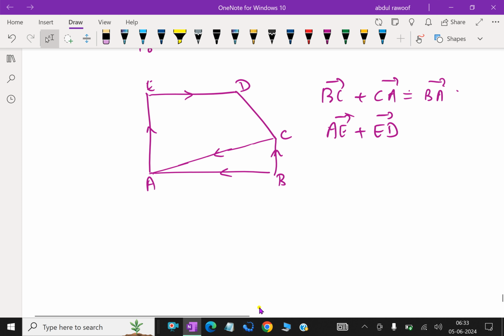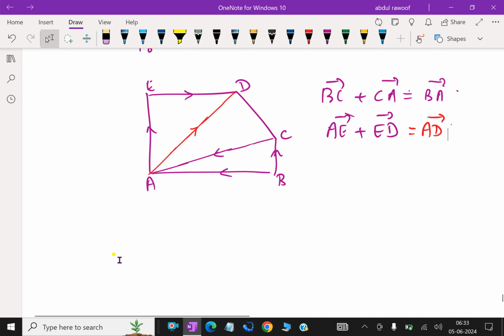So starting with A, that is AE, then ending with D, it gives AD. So it is equal to AD. Now, with this concept, you have to draw the resultant vectors.